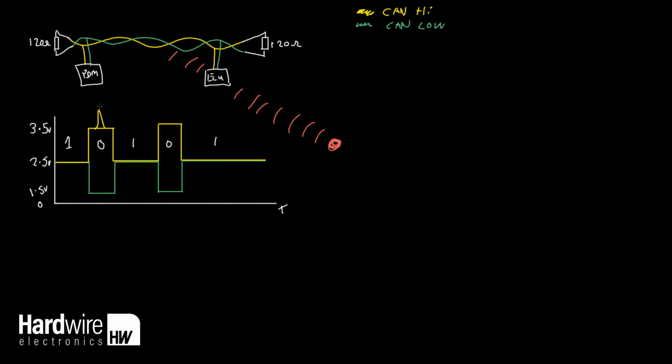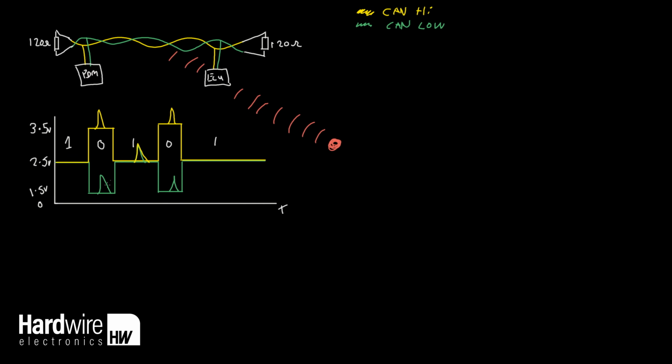So we have a voltage spike here on our CAN high, and we'll have an equal voltage spike on our CAN low. And on here, on our CAN low, we'll have one, and on our CAN high, that will be exactly the same. And again, here we'll have another one, and here we'll have another one.